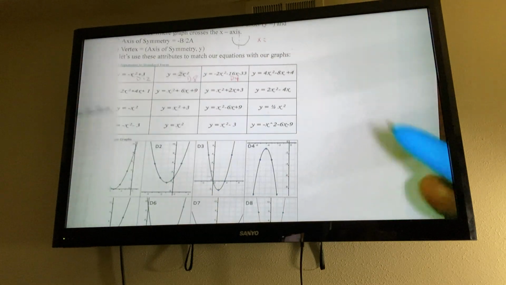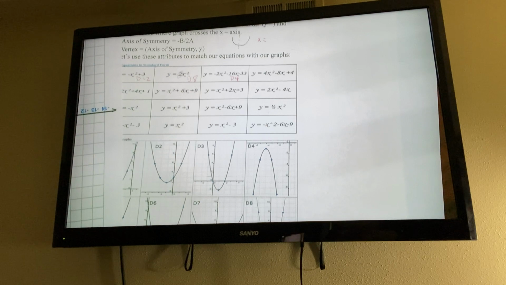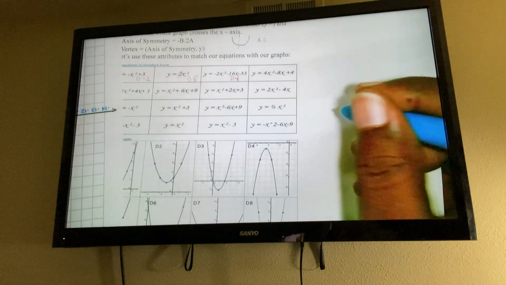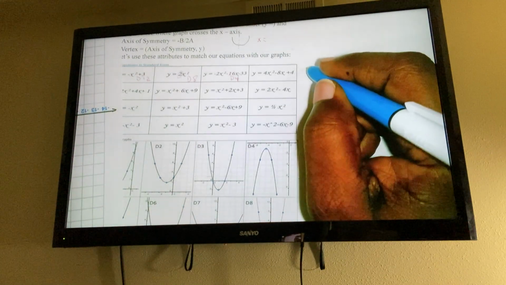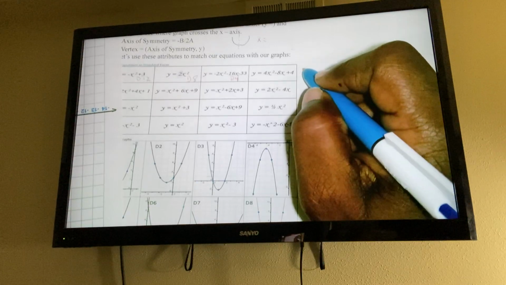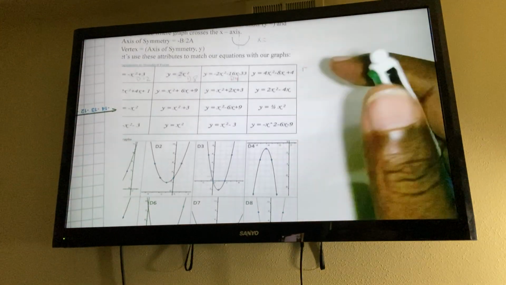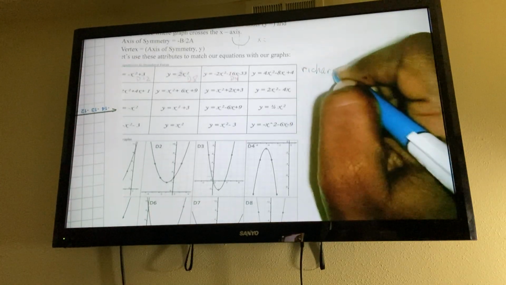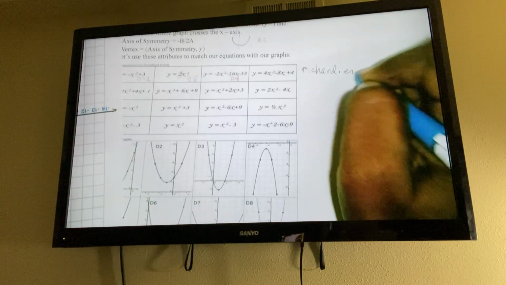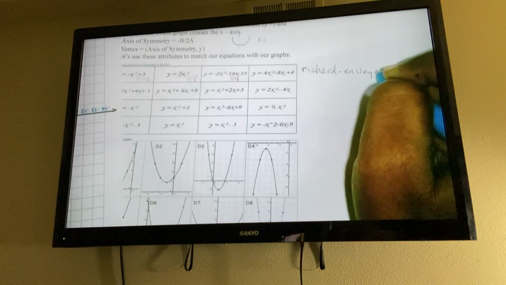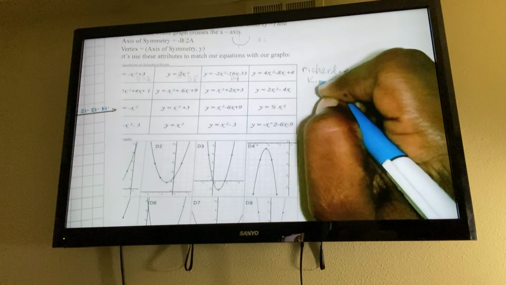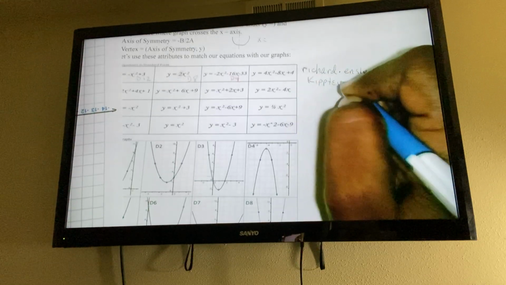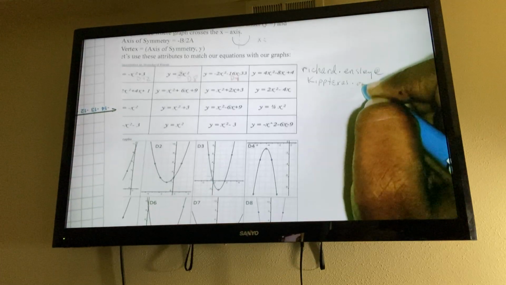Okay, and class, if you have access to a copy machine, I can send you an electronic copy of my graph paper, and you can email me at richard.insley@texas.org.